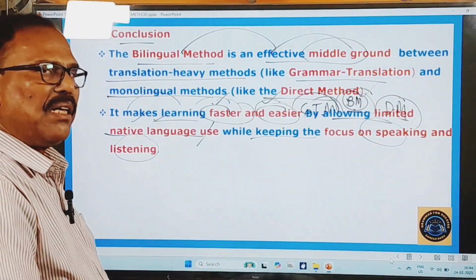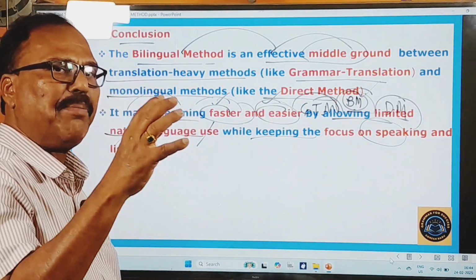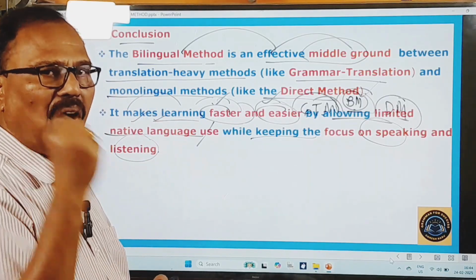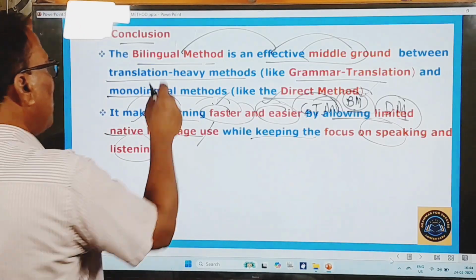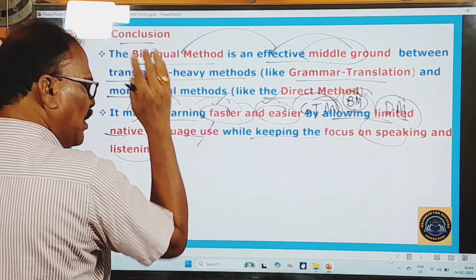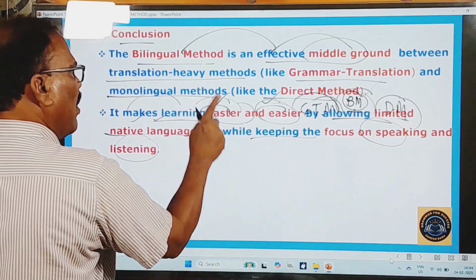So this bilingual method also helps keep focus on speaking and listening skills of the target language. On the whole, this bilingual method makes learning of the L2 target language faster and easier.